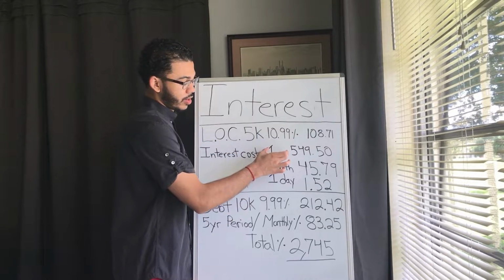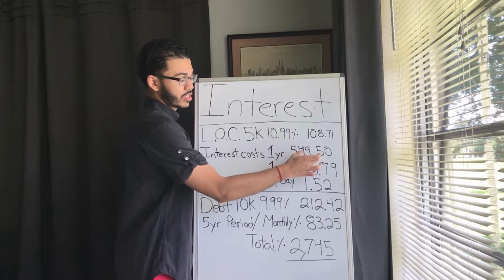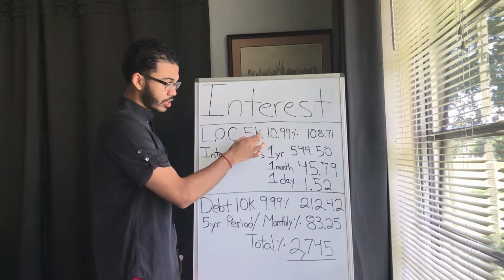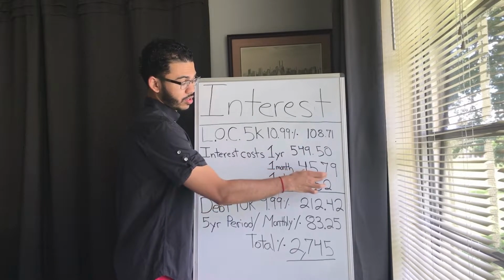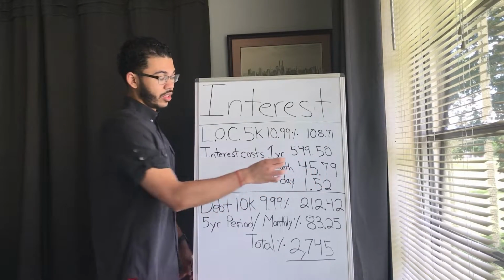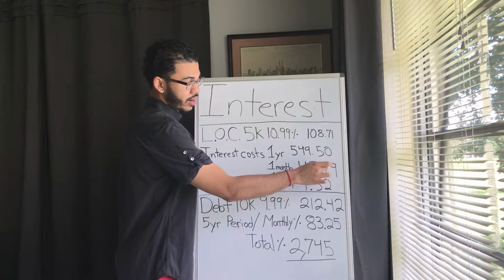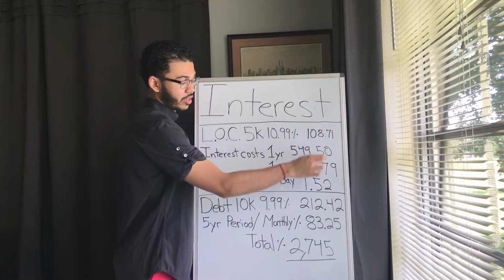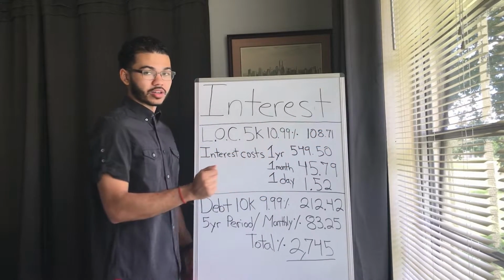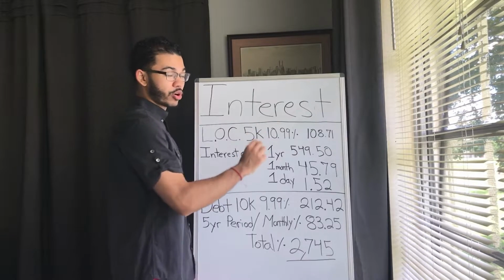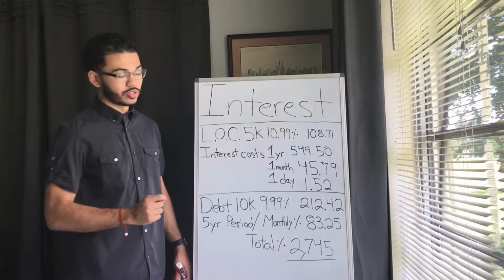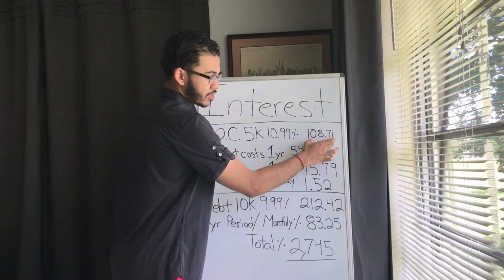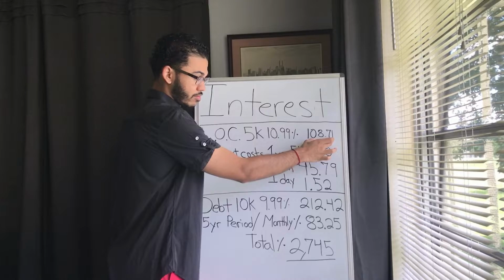So when I was saying the 1 year, that's how much that would cost. Well, if they only have 5K out for 1 month, that would be the interest rate, $45 on 108 in a month, about 45 bucks. And per day would be about $1.52 on this monthly payment.